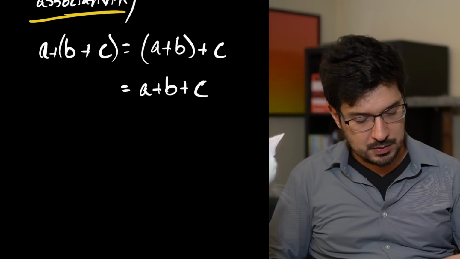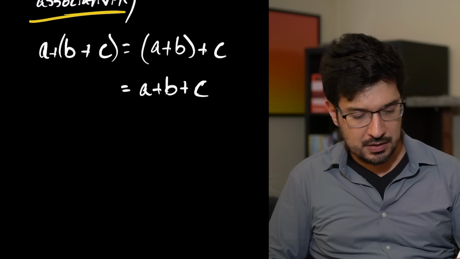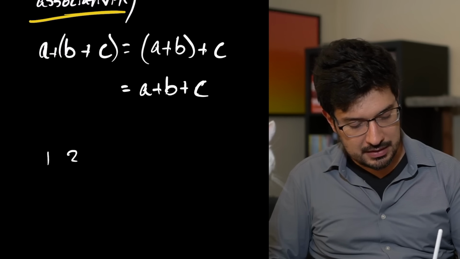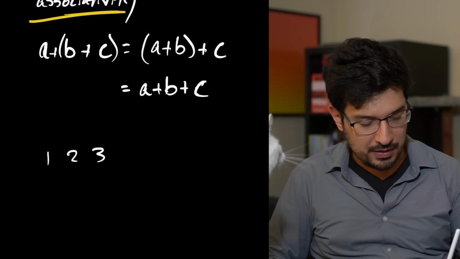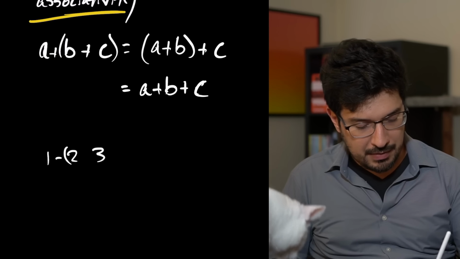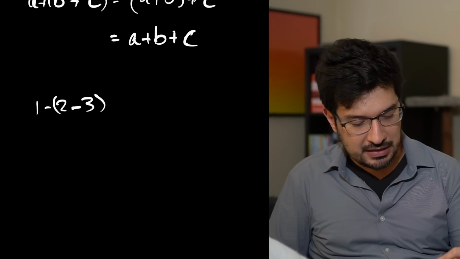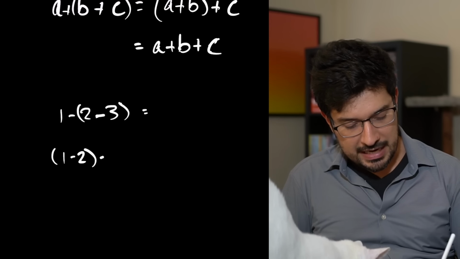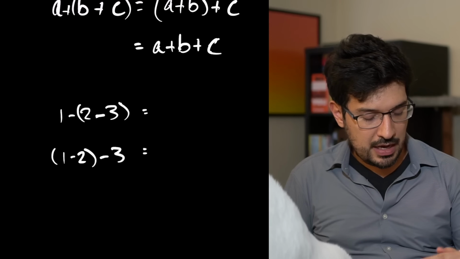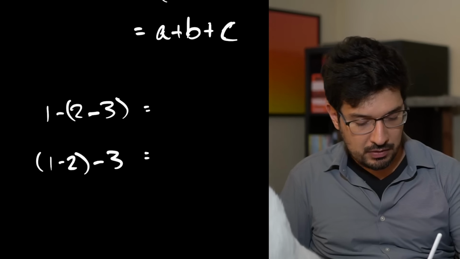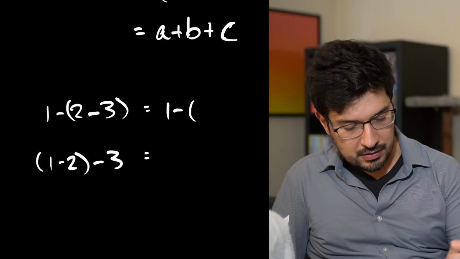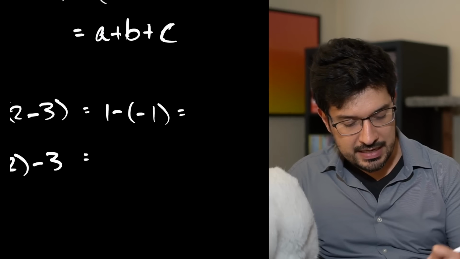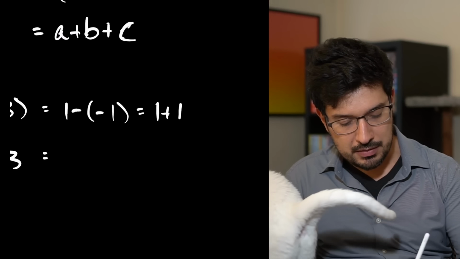But what about something that is not associative? Let's try our good old classic subtraction. What if we try 1 minus 2 minus 3 versus 1 minus 2 minus 3? Okay, so the first line is 1 minus 2 minus 3 is -1. 1 minus -1 is 1 plus 1.